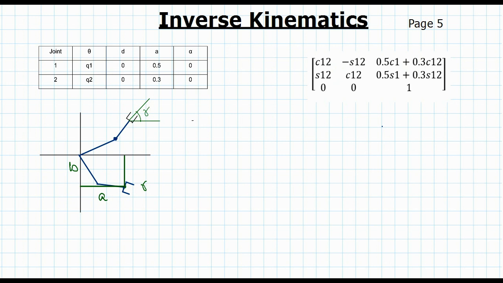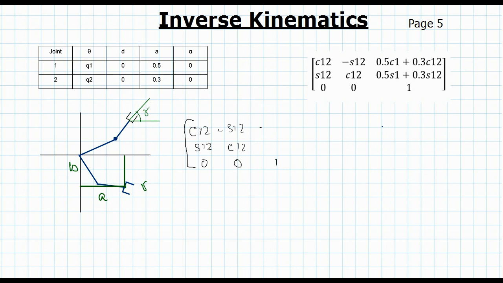Okay, let's try to write this in the form of a matrix. What we mean here is that we have this C12, minus S12, S12, C12, 0, 0 and a 1 here.